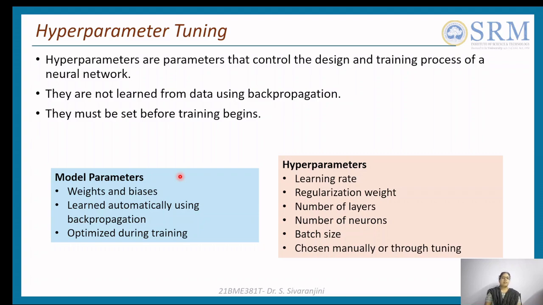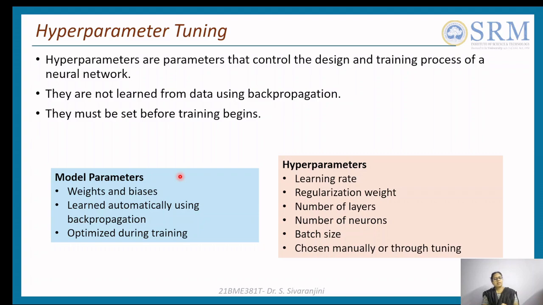For example, the weights and the biases are learned through the backpropagation algorithm. The forward pass goes on, each time the loss is computed, and the weights are updated accordingly so that the loss gets reduced. That is called backpropagation. These parameters are learned, not set.